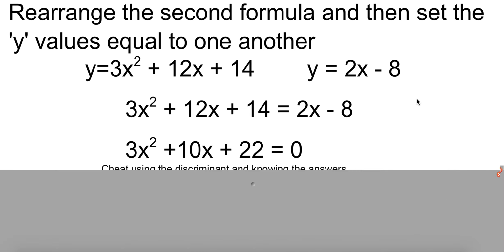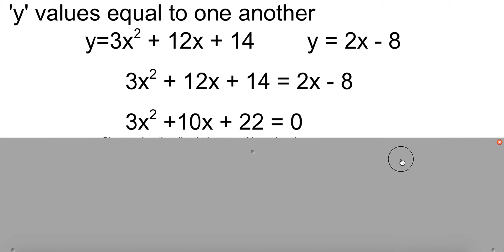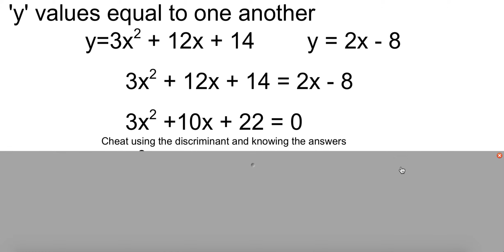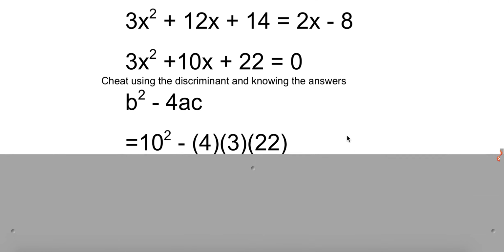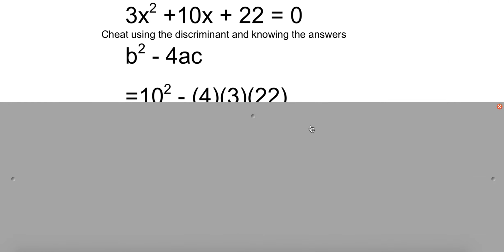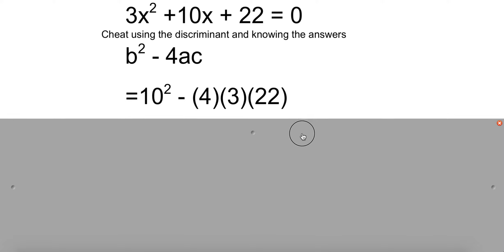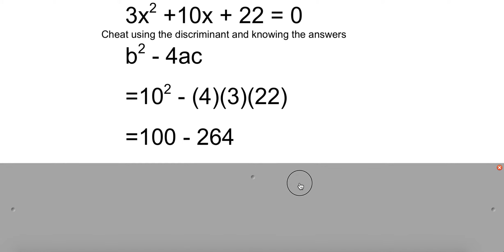Now I'm going to put everything on one side, and then I'm going to cheat a little bit because I know the answer. But looking at this, I couldn't factor that really quickly in my head. So I'm going to use the discriminant just to see. You're probably better off using the quadratic formula, because if there are answers, then you're wasting your time doing this. But it is part of the quadratic formula anyway, so you could just plug in your answer underneath the square root sign.